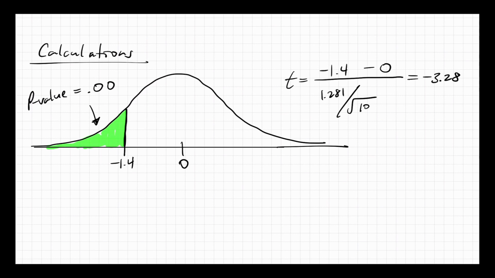It's going to be between those two guys. The calculator will give you the actual value, but I'm trying to go a little faster since we're running low on time.